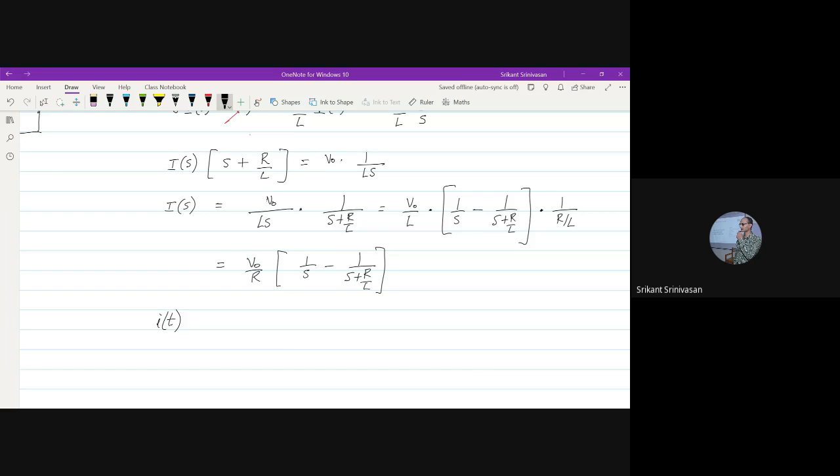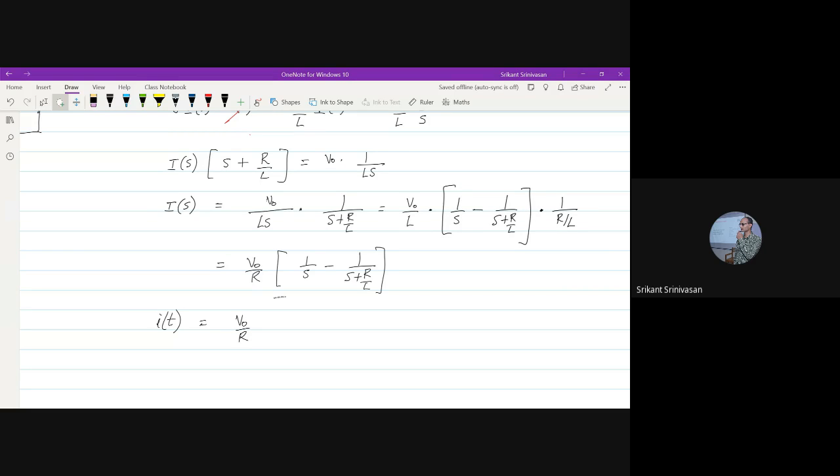If anyone is having a problem, let me know, I'll stop. I mean, we can go over the step again. Is everybody okay for me to go ahead? I found out the value of the current I of s in the Laplace domain, in terms of the transfer function.